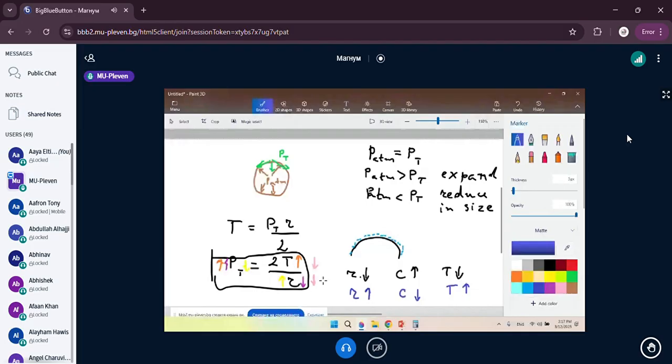So thus, if radius is increased, tension also increases and the pressure stays same, and the alveolus stays same. So this is not difficult. Just using a single equation and a little bit of thinking.